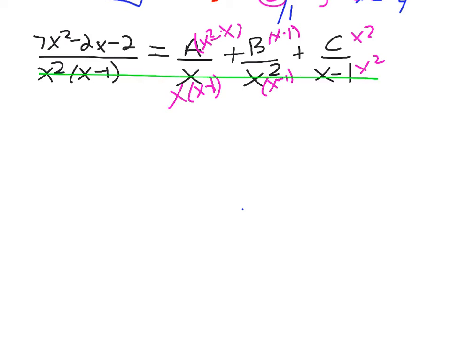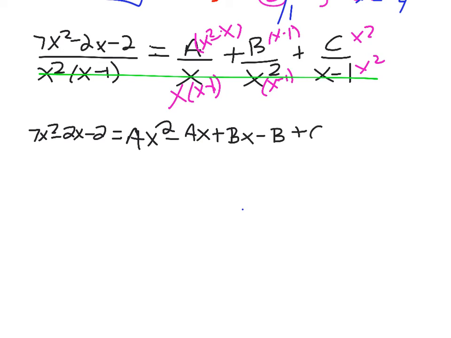So I have 7x squared minus 2x minus 2 is going to equal ax squared minus ax plus bx minus b plus cx squared.